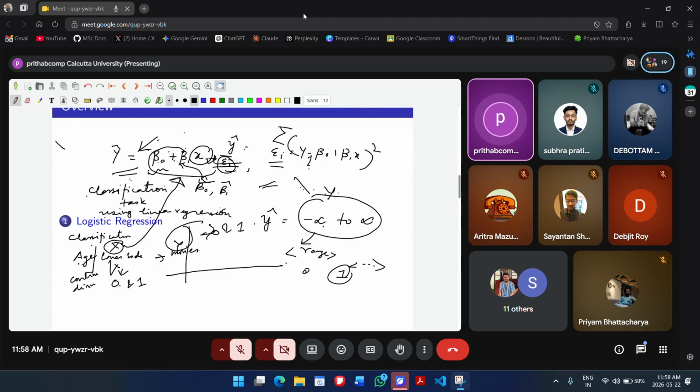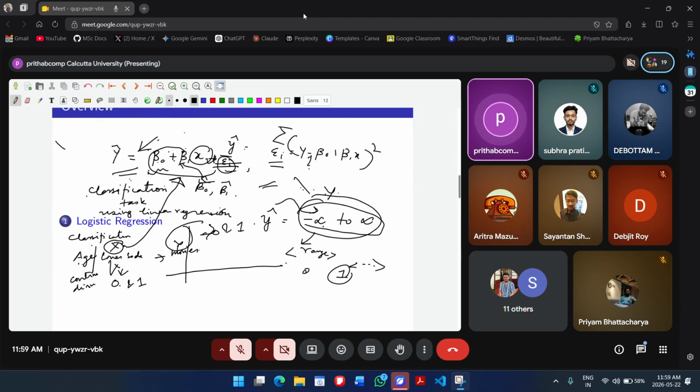But it really does not reflect the true nature of the classification problem. That is why linear regression is typically not used for classification. The main problem is mapping these real values to a 0, 1 type of thing.